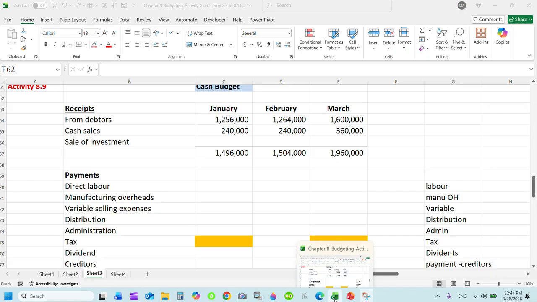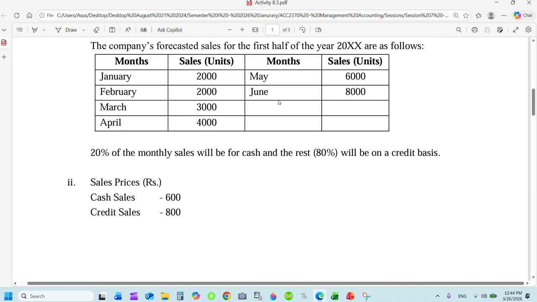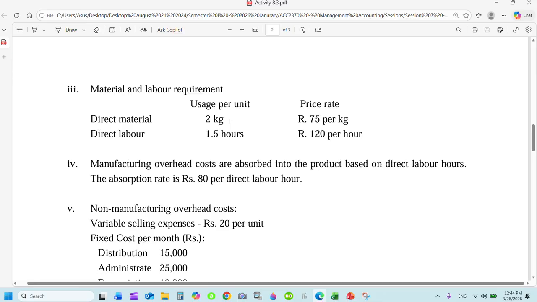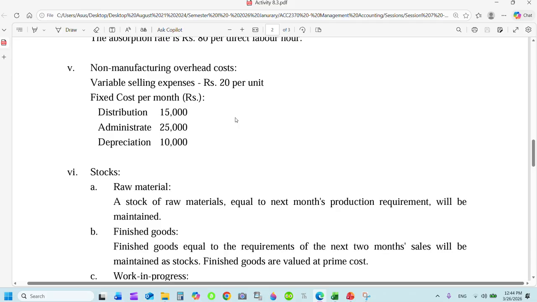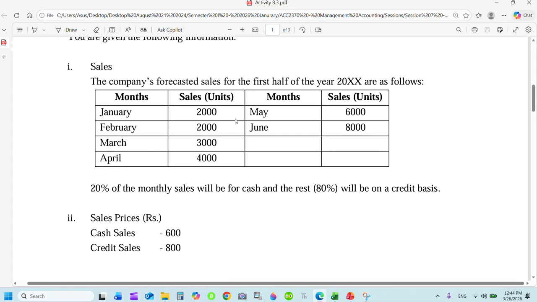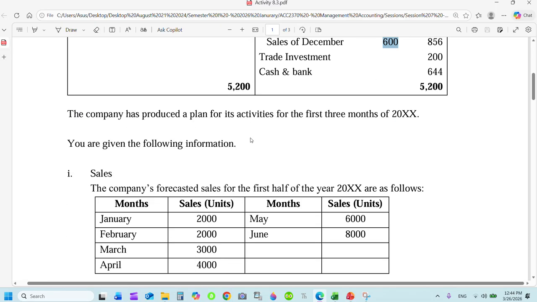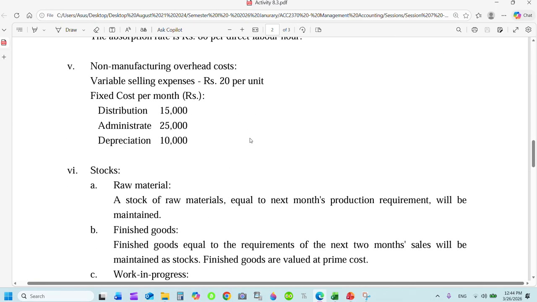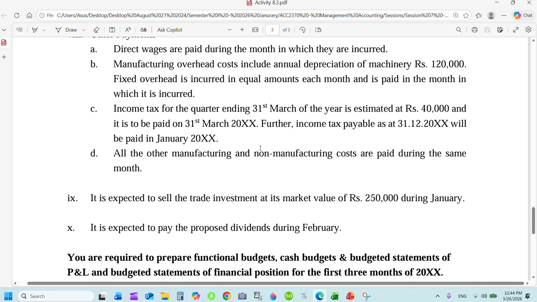And if you look at the information, it is said the company has one more cash inflow, that is from sale of investment. You can see it is expected to sell the trade investment.